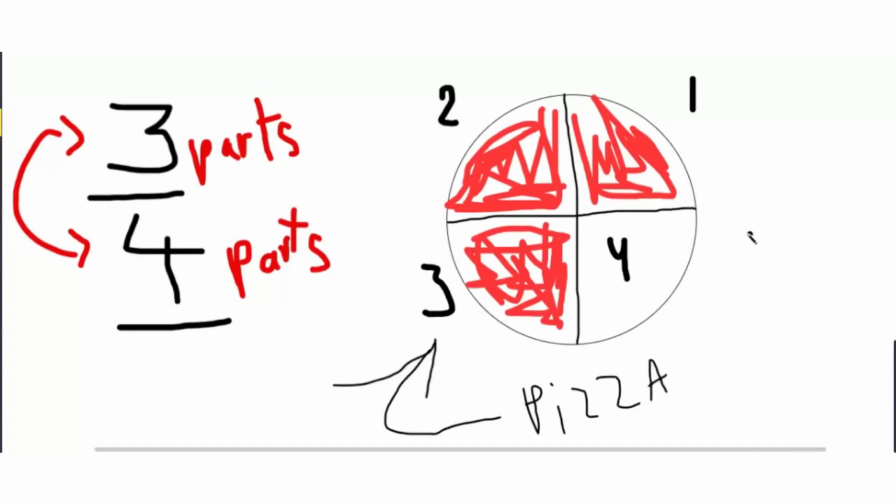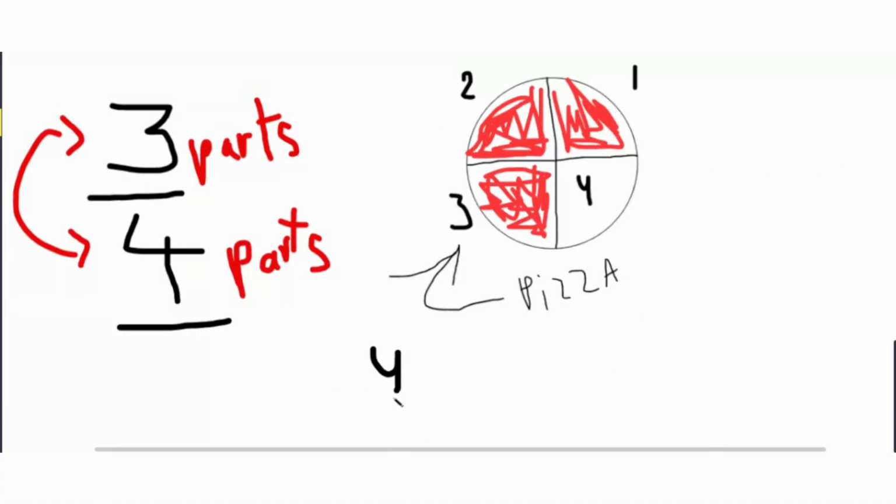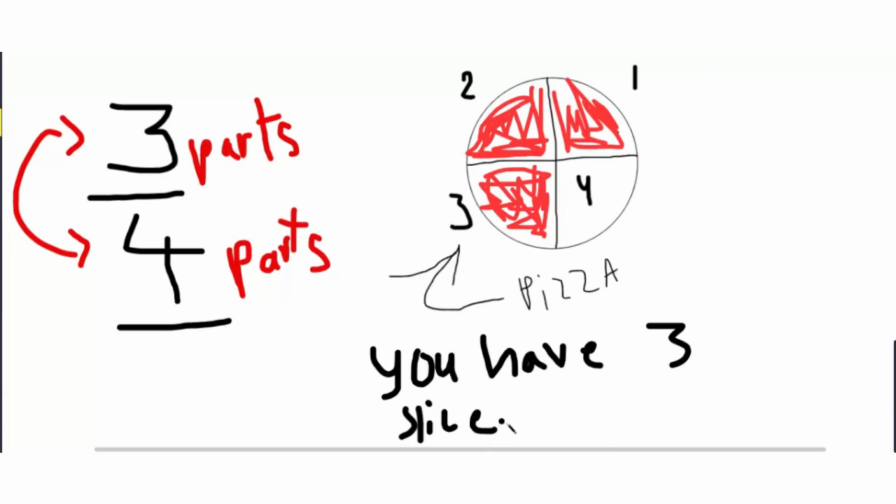Now, if the question's asking how many slices do you have, and the ones that are colored represent how many you have, that just means you have three slices. Now, this four means that this is the slice you don't have.